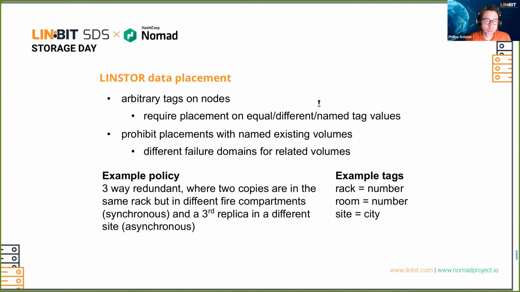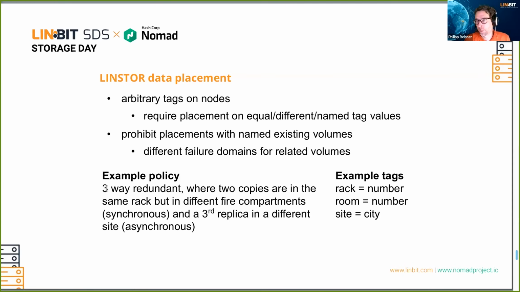Okay, so here I have an example how these allocation policies can work. So I try to express in natural language what you can express in LINSTOR. So you can say, okay, every volume in this storage class should be 3-way replicated, and 2 copies should be in the same or in different chassis, but in the same rack.